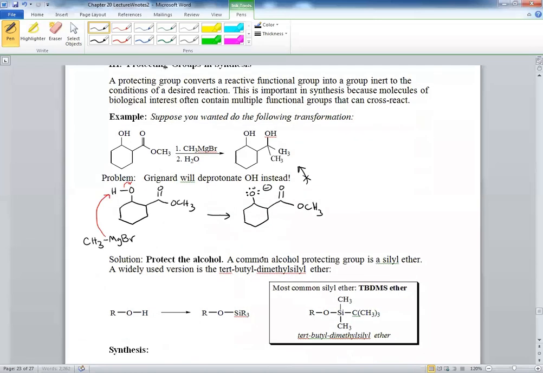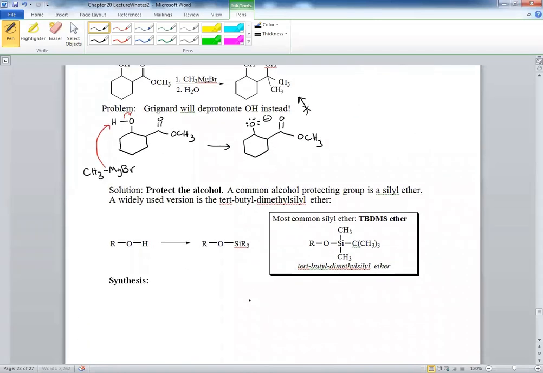So what we do is we can say, okay, we use the word protect, but in a sense, let's hide this OH group. By hiding it, meaning making it less reactive.